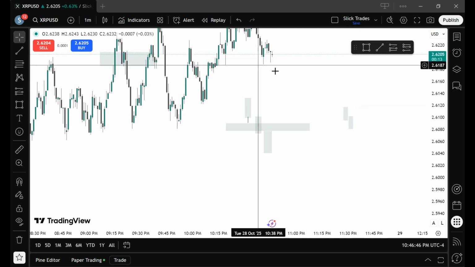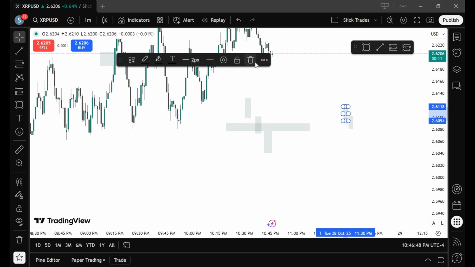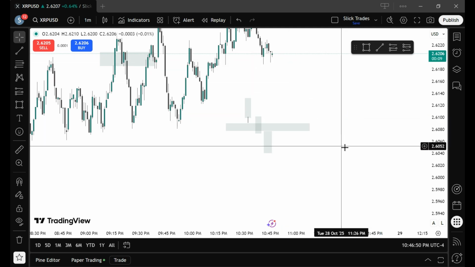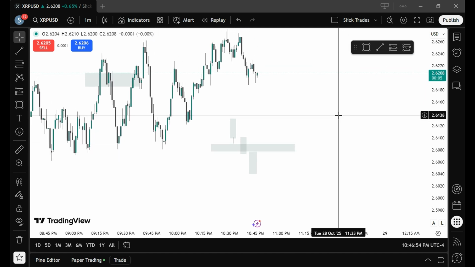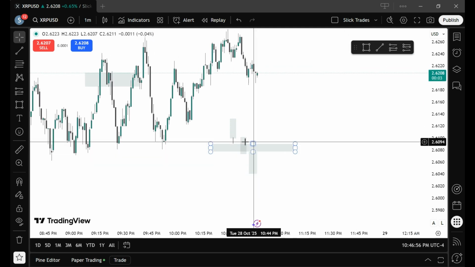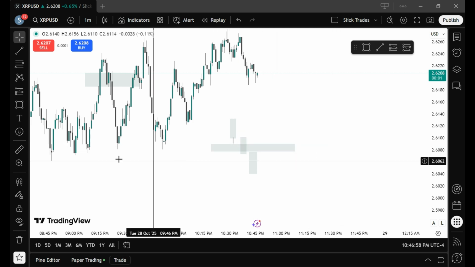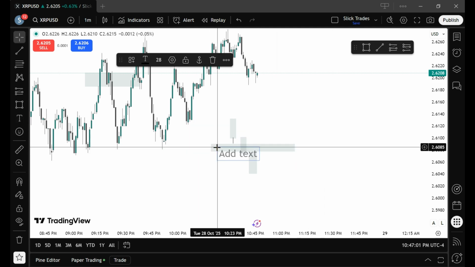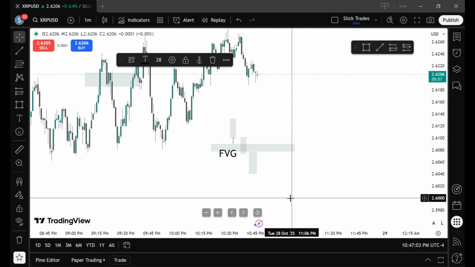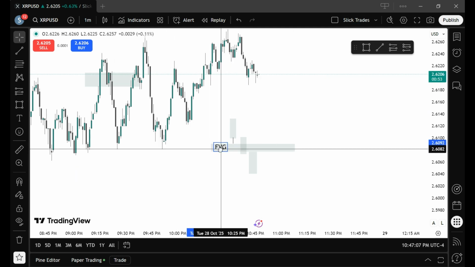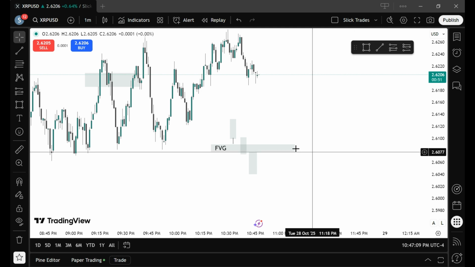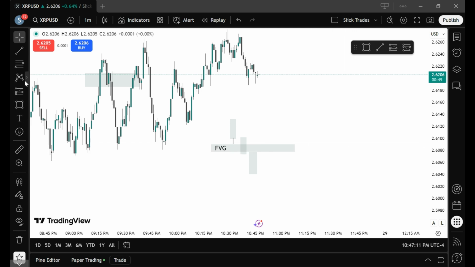Some people use fair value gaps to their advantage. Most people do. I trade the inverse of that. So when we come down here and we create this gap, that's our fair value gap. I trade inverse, so that means the opposite.